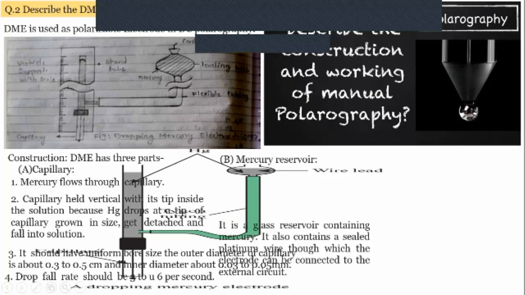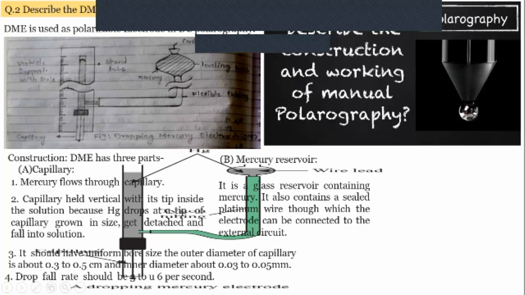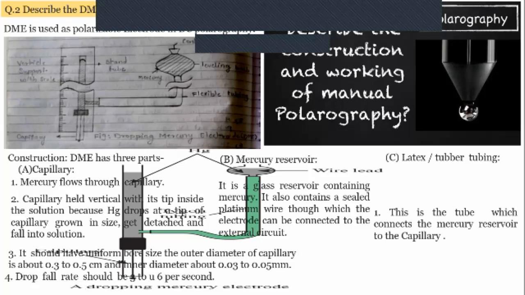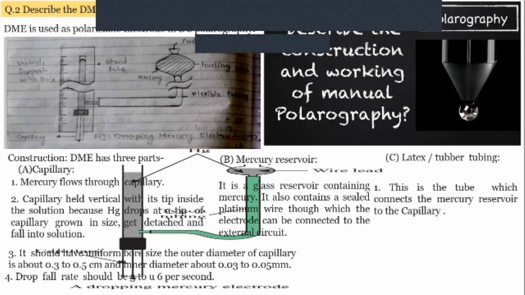Then the mercury reservoir, this bulb, is a glass reservoir containing the mercury. It also contains a sealed platinum wire through which the electrode can be connected to the external circuit. Then the latex rubber tubing connects the mercury reservoir to the capillary. This green part in the diagram is the latex tube.